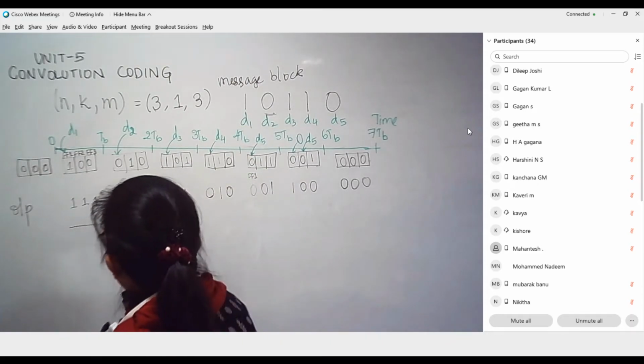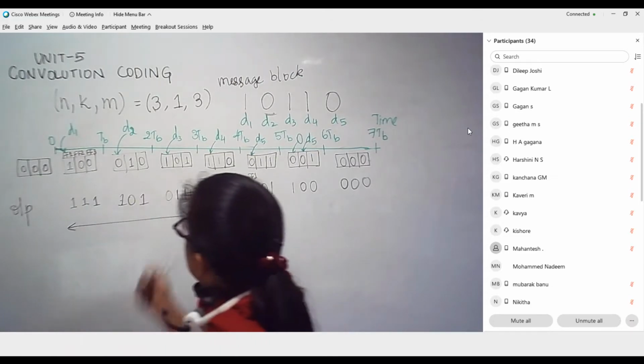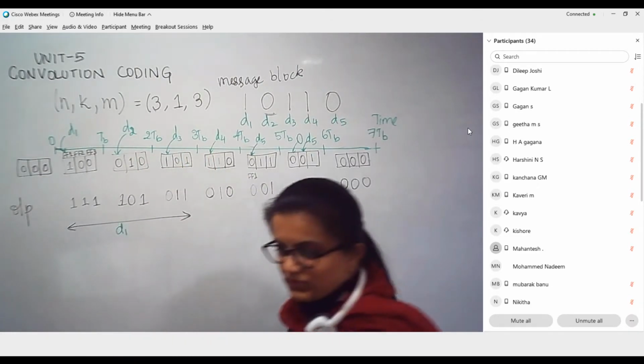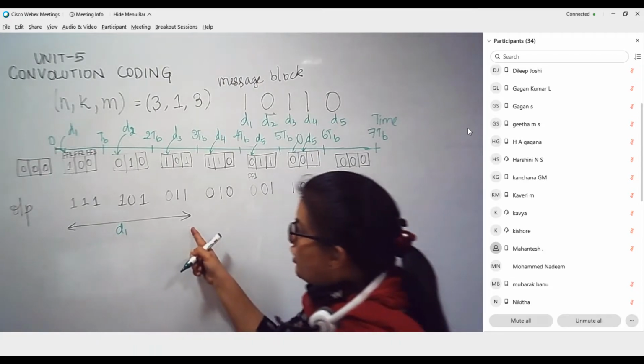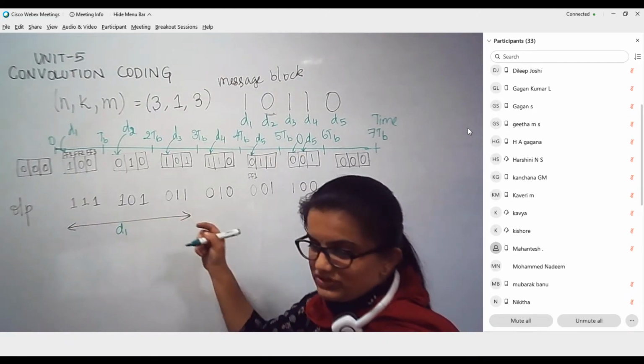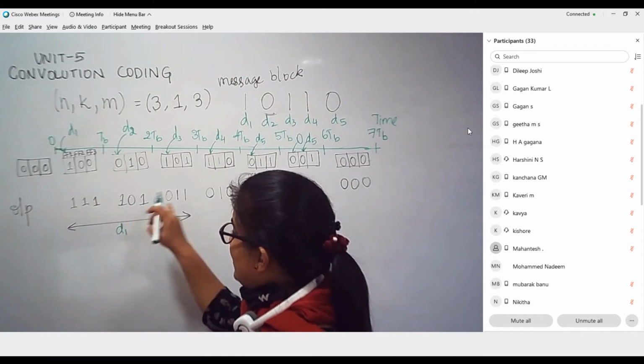So for the first 3 bit durations, you will have the effect of D1. D1 will be present for 3 clock cycles, and these are the encoded bits which will consist of some information related to the D1 bit.